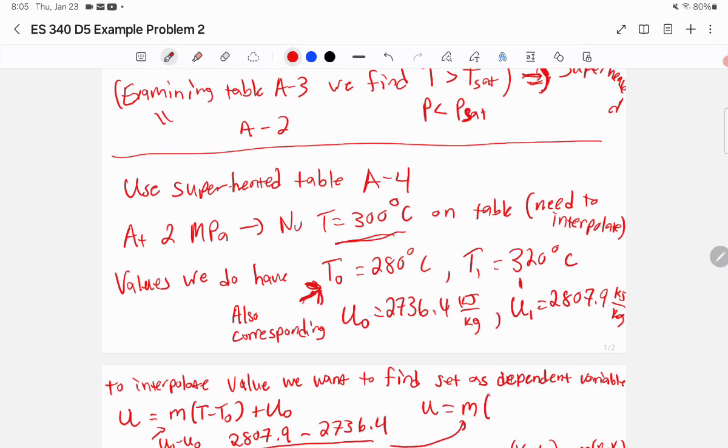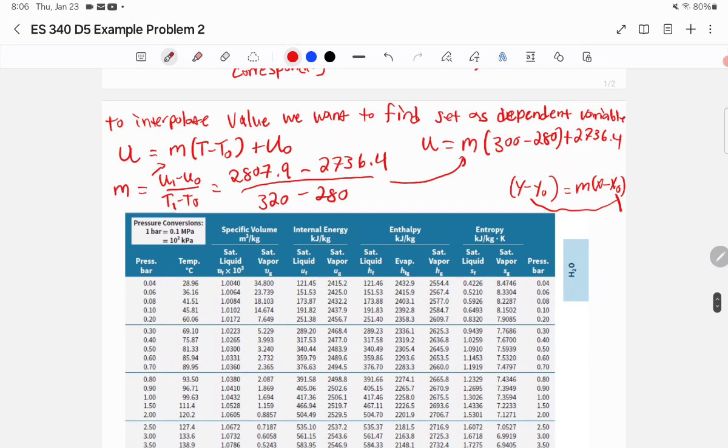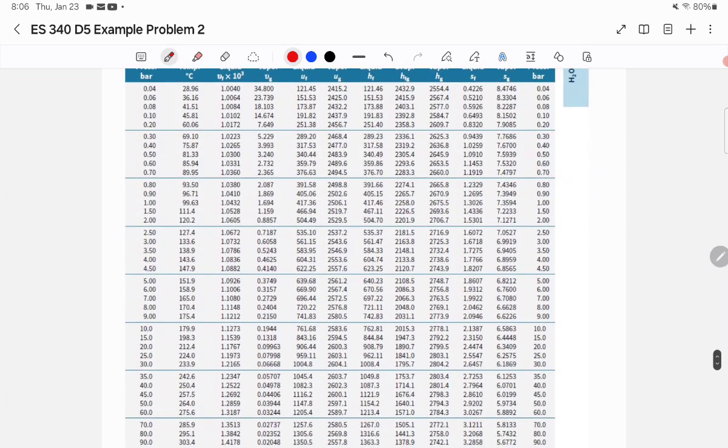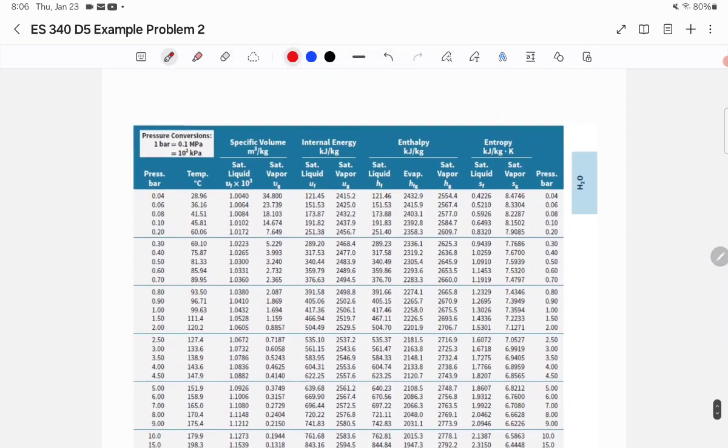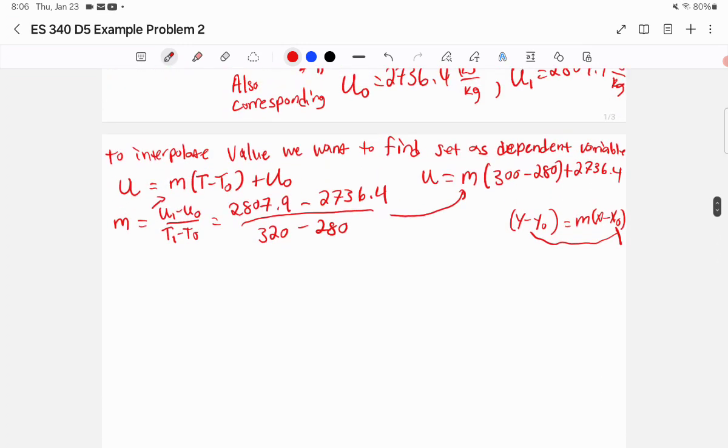We wanted to find it at 300 degrees Celsius, so 300 minus T naught, 280, plus U naught, which was 2736.4. Now I'm going to move this table down a little bit here. It's going to go on to the next page, which is fine.